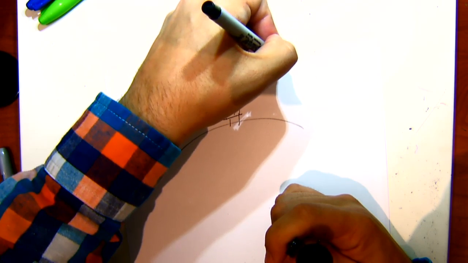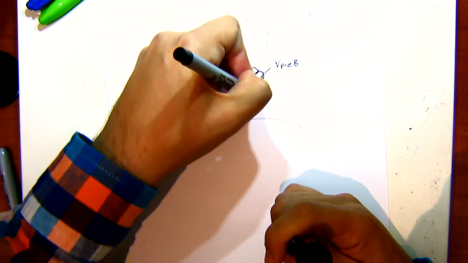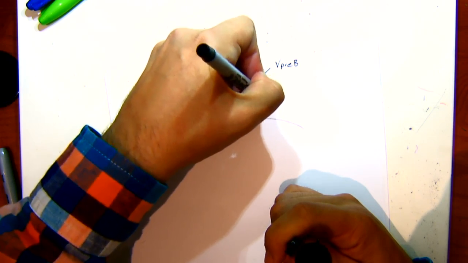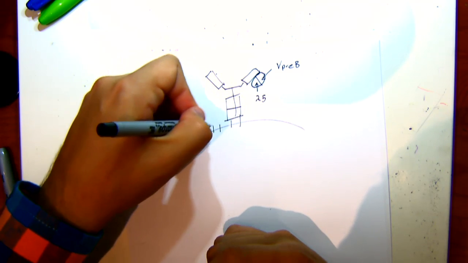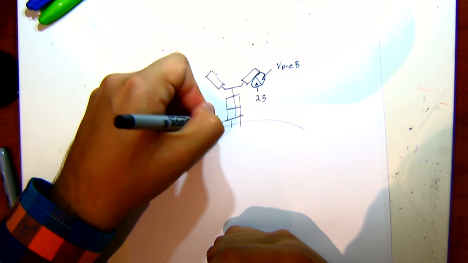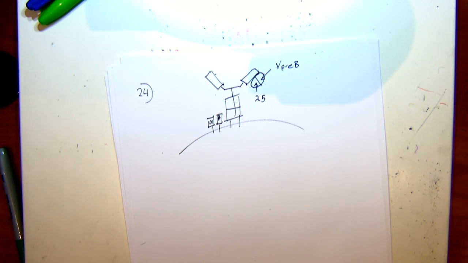So this is V pre-B, lambda 5. And then you're also going to have your Ig alpha and beta. That's it.